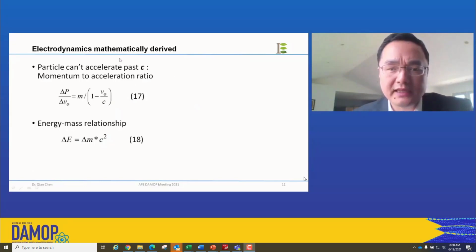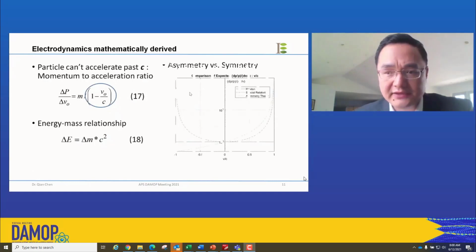So we all know that particles can't accelerate past c. And this can be explained by our formula of the momentum to acceleration ratio. As you can see, when VO approaches c, this ratio will approach infinity. That's why it cannot be greater than c.